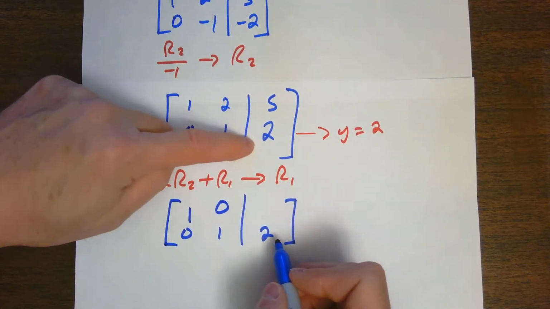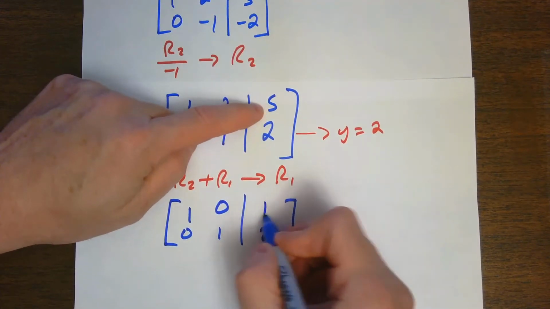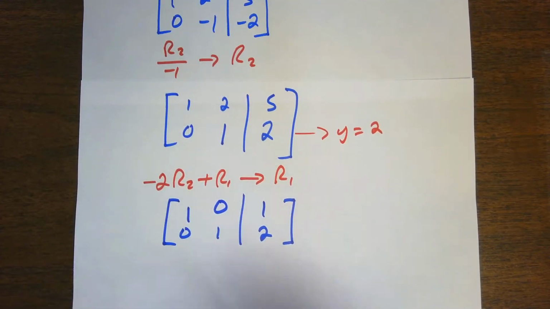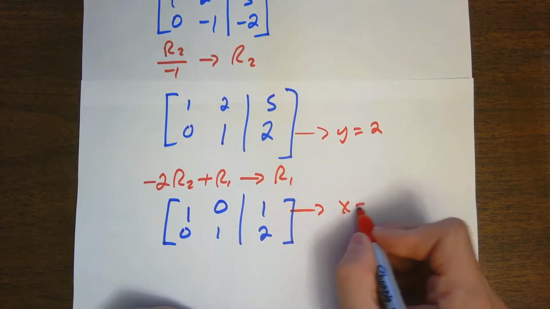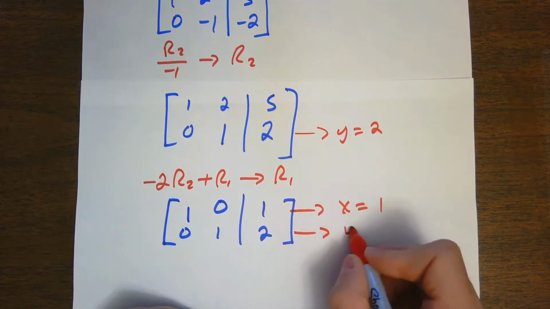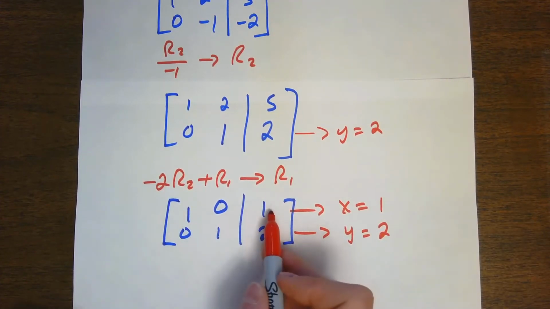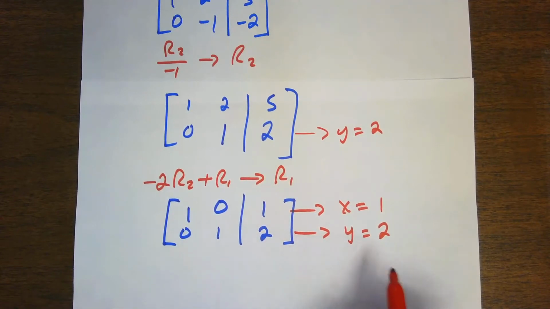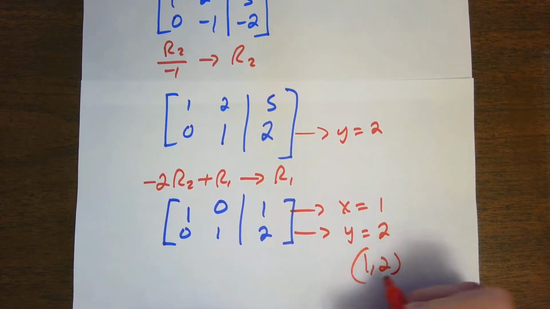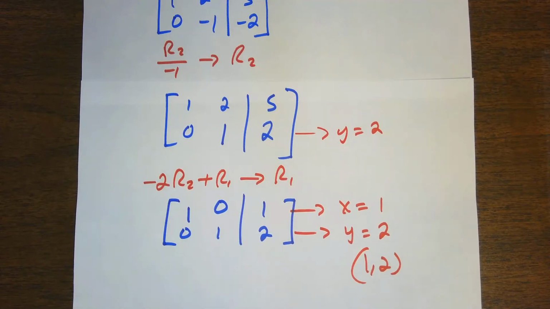Negative 2 times 2 is negative 4, plus 5 is 1. So that's told me that x equals 1 and y equals 2. 1x and no y's is 1. No x's and 1y is 2. My solution to this system of equations is the point (1, 2).